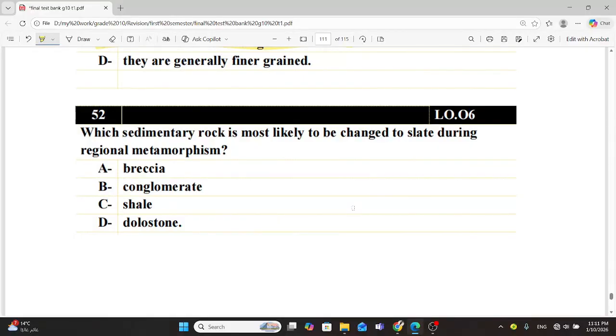Which sedimentary rock is most likely to be changed to slate during regional metamorphism؟ Breccia ولا conglomerate ولا الشيل ولا الدولوستون؟ لا، الشيل.